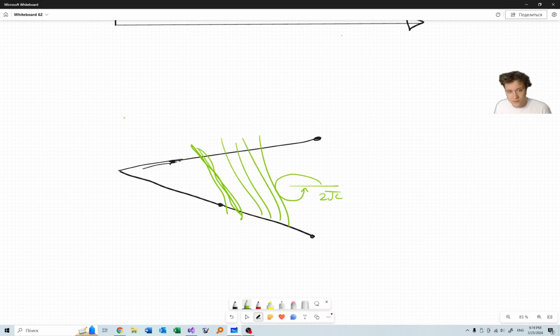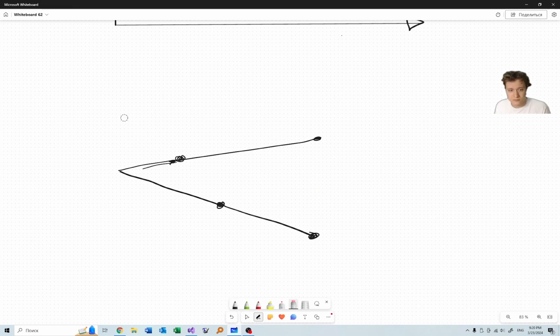But also, we have two fixed points, either here or here or somewhere else. So for example, for this direction we have from here to here, so both points are here.